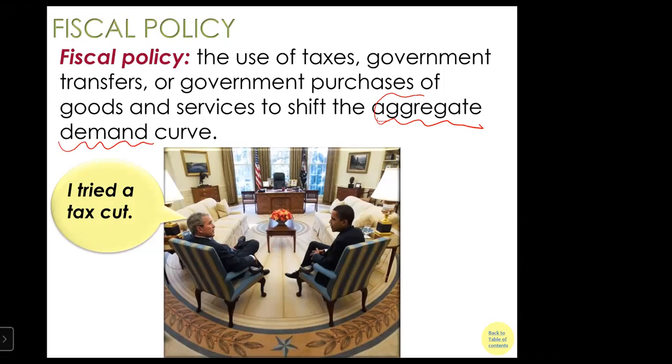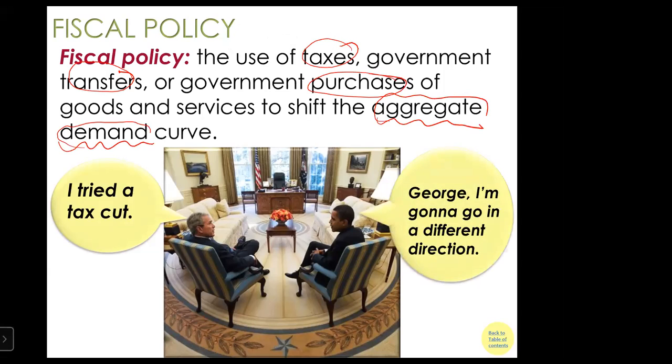The government wants to use those tools to shift the aggregate demand, right? A different administration may have different preferences. President Bush tried tax cuts, and President Obama used a different approach, like increasing aggregate spending or increasing transfer.